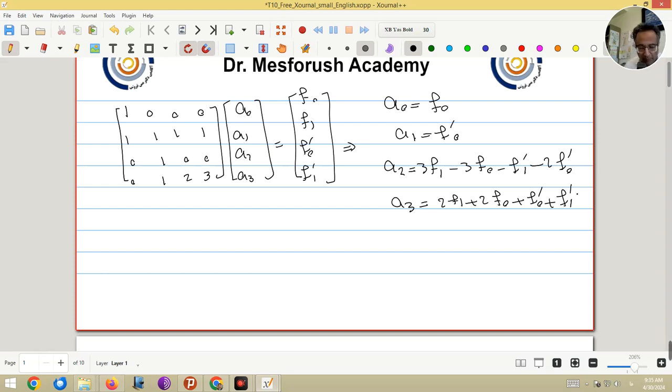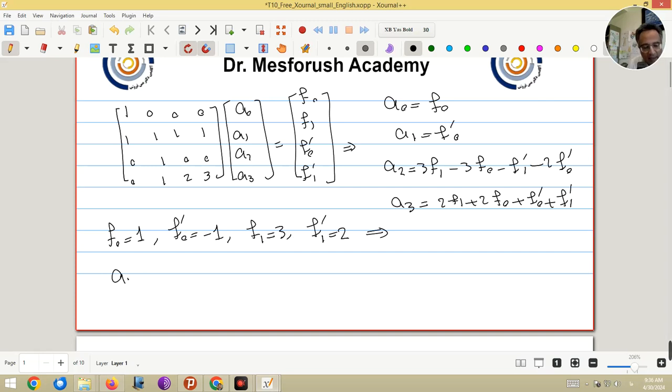It doesn't matter, but let me use some special values. For example, f0 equal to 1, f prime 0 equal to minus 1, f1 equal to 3, and f prime 1 equal to 2.